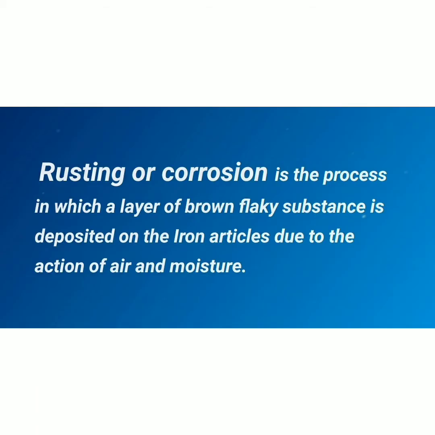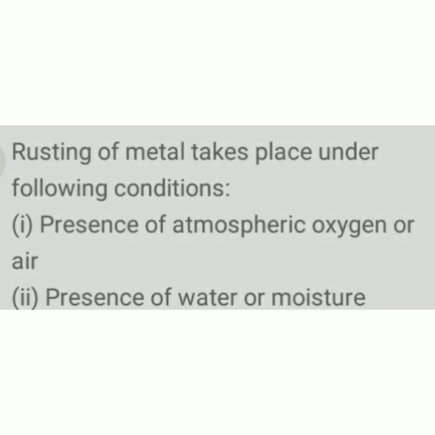Rusting or corrosion is the process in which a brown flaky layer is deposited on the iron articles due to the action of air and moisture. Rusting is a slow chemical change.